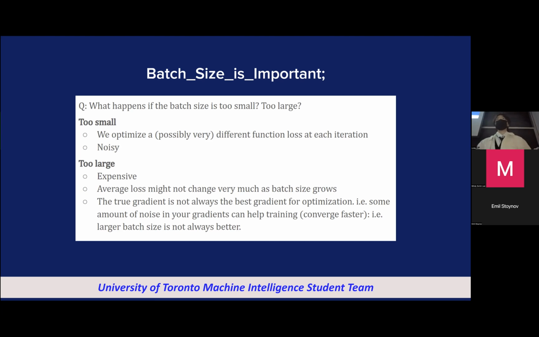It reproduces the same output if you choose the same parameters. But you can't fake that. So start early on your lab, because it's computationally expensive. And the thing is that the average loss might not change very much as batch size grows, as we just said, right?